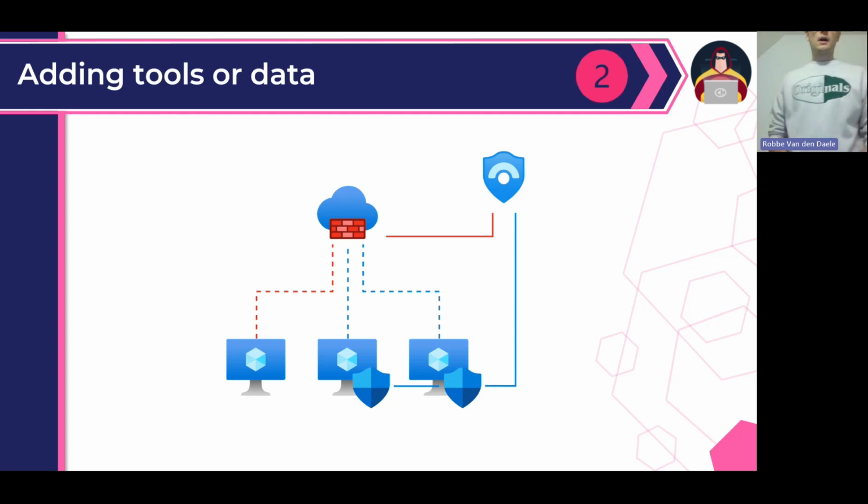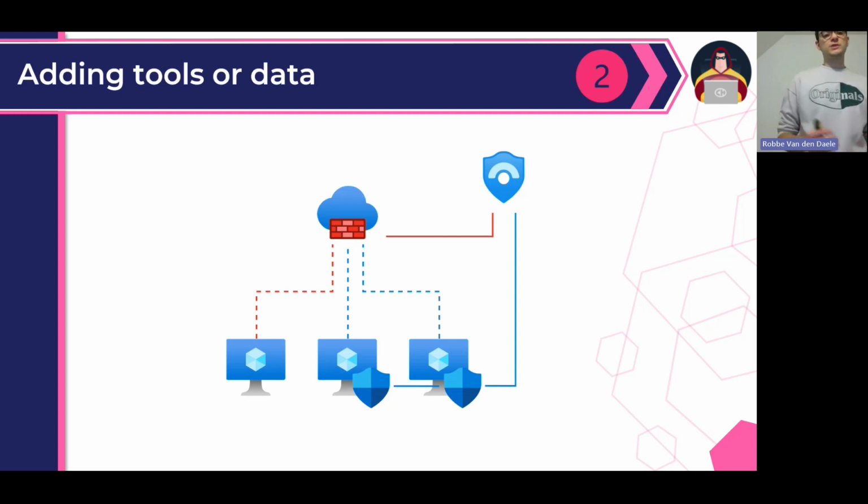The second point I mentioned was adding tools or data. This is an example of how you can do that. Let's say you have 3 servers in your on-premise domain. You have 2 servers onboarded in Defender for Endpoint, which means you have logs of those 2 servers. But let's say the third one is a legacy device or a device that isn't supported by Defender for Endpoint.